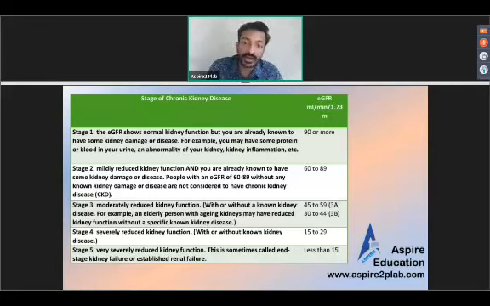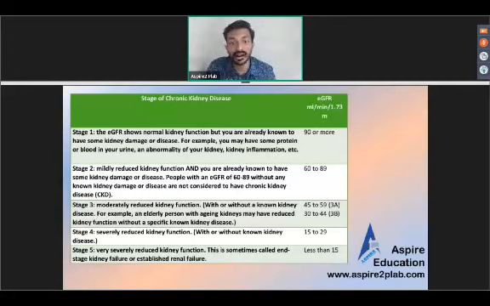The eGFR is not the only criterion to stage chronic kidney disease. It has some other criteria as well. For example, if eGFR is normal but the patient has known kidney damage or kidney disease, such as protein or blood in the urine, or kidney inflammation, that is stage 1.